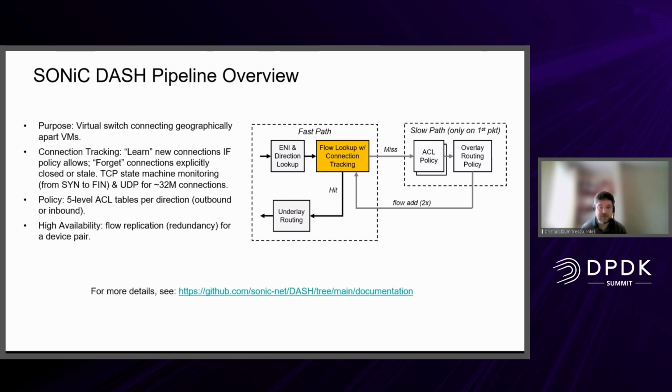Now, let's say you have two VMs that are very far apart from each other. Each of them has to be connected to a smart switch, right? So think about two endpoints, two VMs, and on each side there is a smart switch.